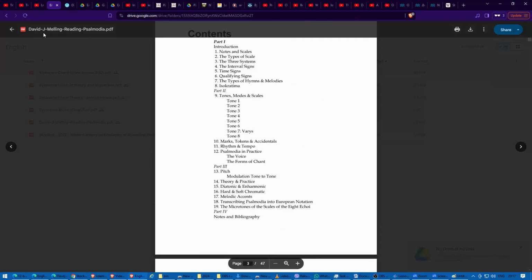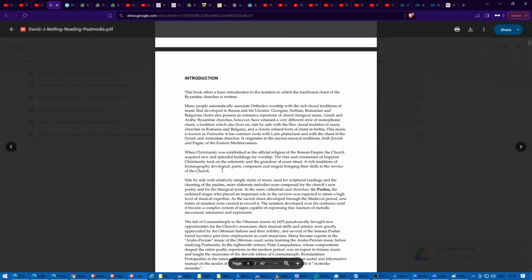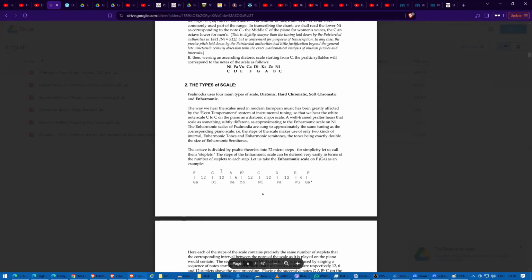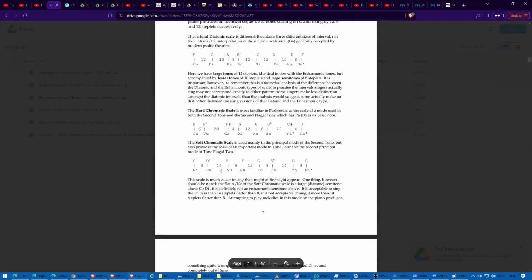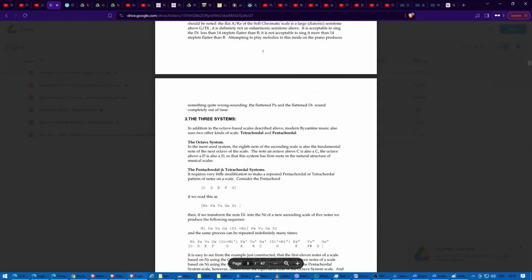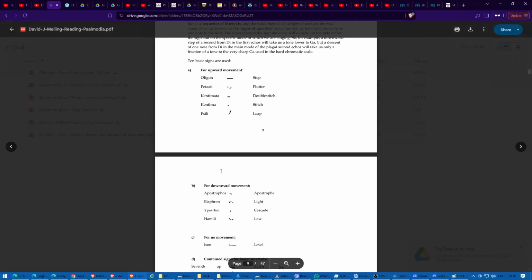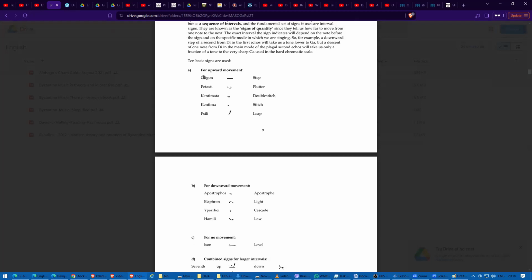This is by someone from Manchester called David Melling, and he has some very good, at least from what I've seen, probably the best translation in terms of some of the terminology. So, for example, here for the oligon, he translates this as step.